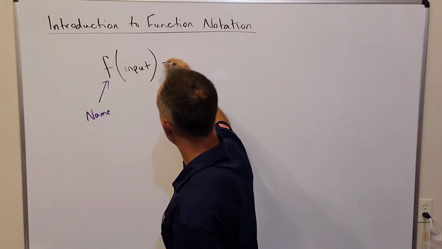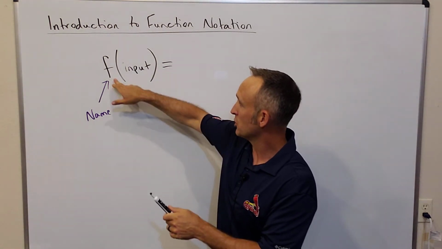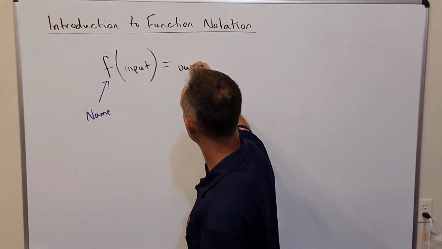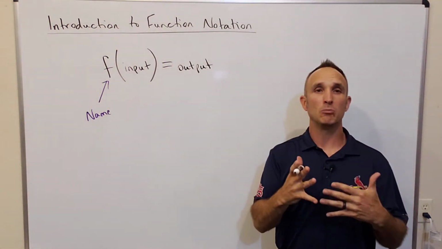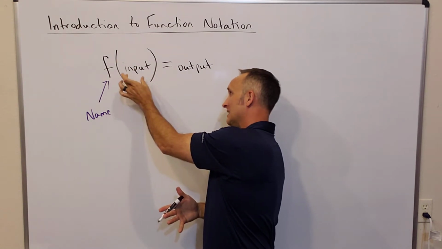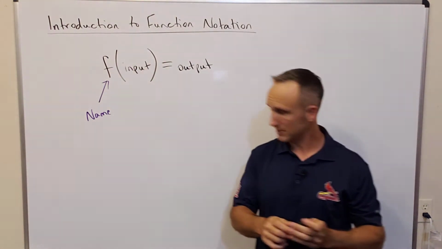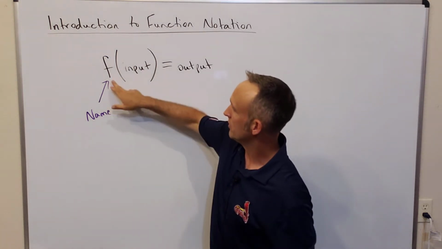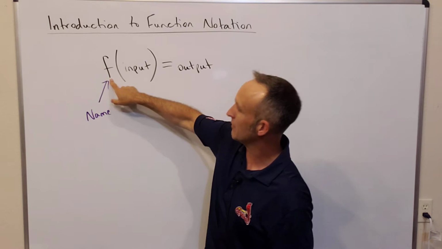And then we say, all right, what's the output? The way we say that is function name, parentheses, input equals the output. The way we read this is it looks very much like multiplication because we have what looks like a variable f next to something in parentheses, which typically means multiplication in mathematics, except for this case where the context tells us that we have a function here.